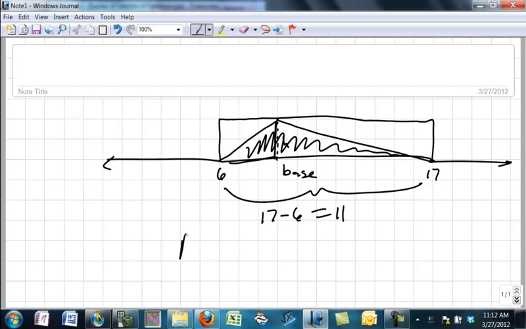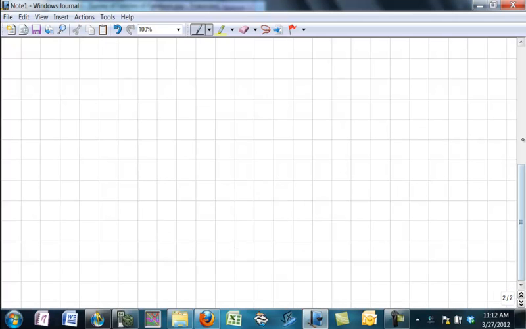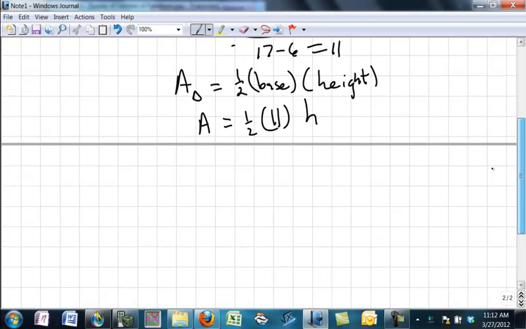So the area formula for a triangle is 1/2 base times height. Well, the height we don't know yet, it's h, but the base we found is 11. So we have this formula. Okay, but wait a minute. We know the area is 1. So 1 is 11/2 times h.